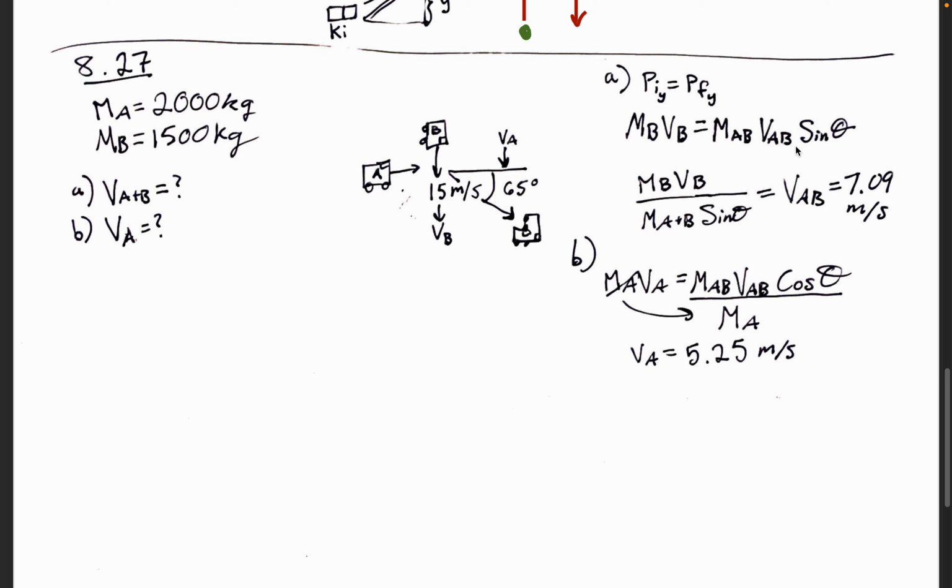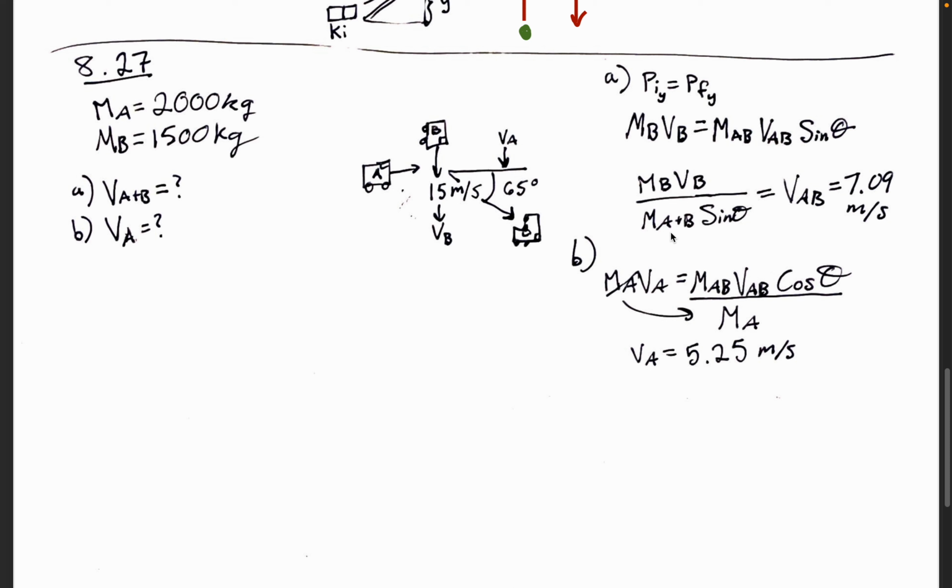So velocity AB times sine theta is this y component of the total mass AB velocity. If we rearrange this equation, we've got all of these values, or at least we can get them. Of course, mass A plus B is just going to be the sum here. And we find that the velocity of these enmeshed cars is 7.09 meters per second.